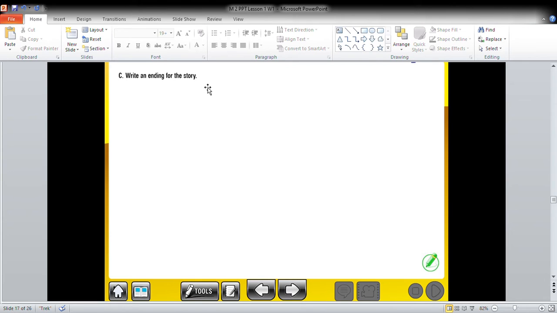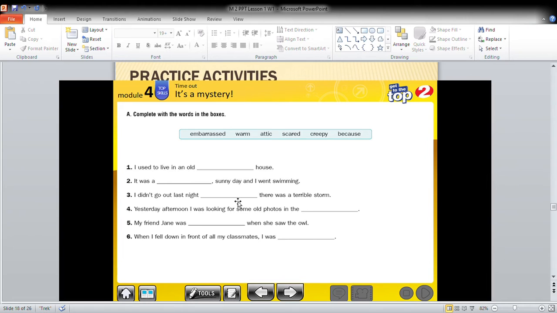Based on the picture, you can make a story as you want, how you want your story to end. So you can write paragraph 3 here as the end of your story. It's up to you what and how you want your story to end. Okay? Alright. Now we will have our practice activities.